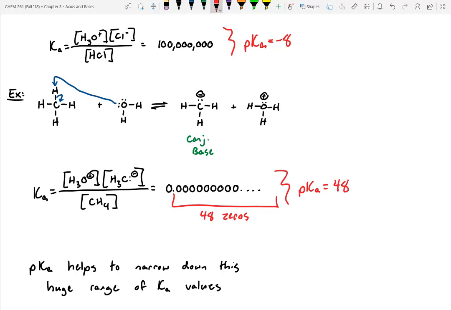All right, that leads me to my next very important point. Now we're in a smaller range, typically going from about -10 to 50. That's manageable.